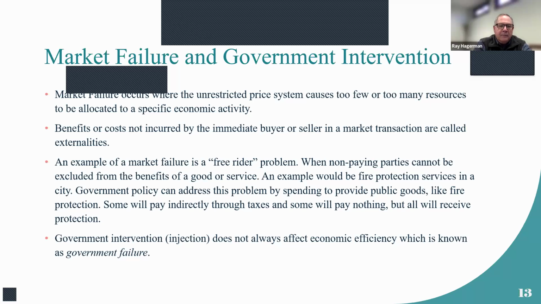So let me explain an example of a market failure because of externalities. In the text, a market failure, for example, is a free rider problem. And all a free rider problem is, is exactly that.